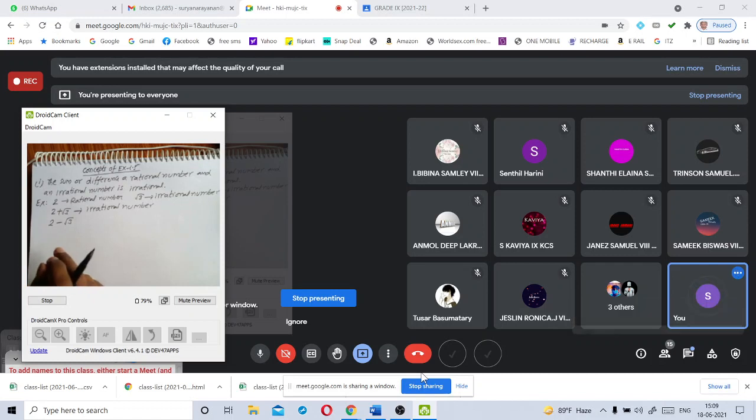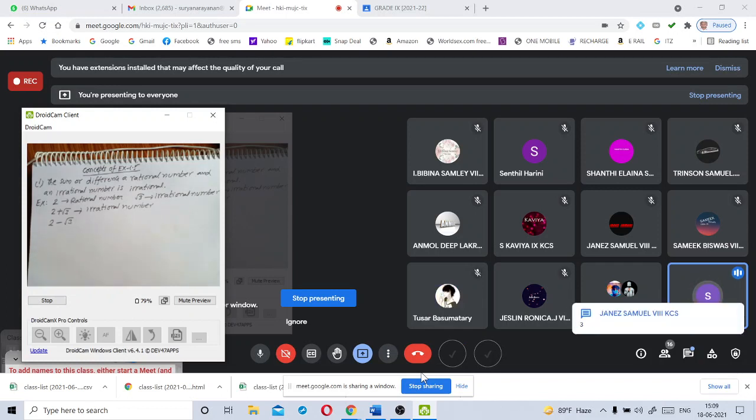Yes, we can simplify in some cases. Janesh, what is the value of root 9? Is it an irrational number? Root 9 is not an irrational number. It is a rational number. So in that case, we can add them.